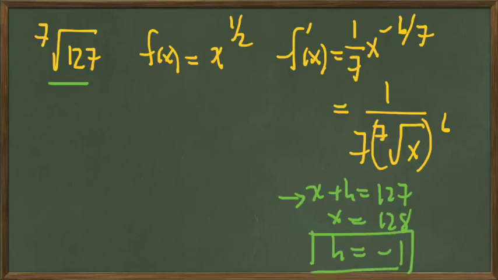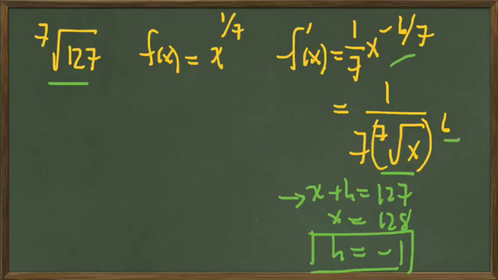Our function is going to be x to the 1/7. When we differentiate that, we get 1/7 x to the minus 6/7, and we rewrite it this way with the 7 being the root in the denominator. So we take the 7th root of x first, and then we raise it to the 6th power.